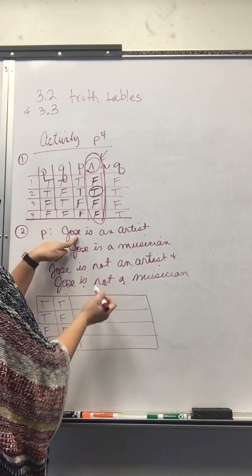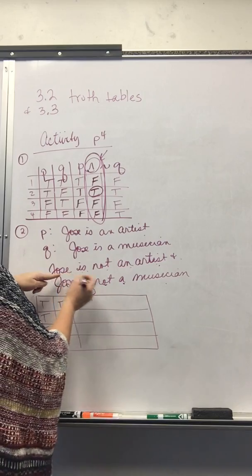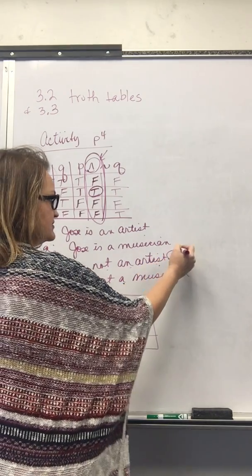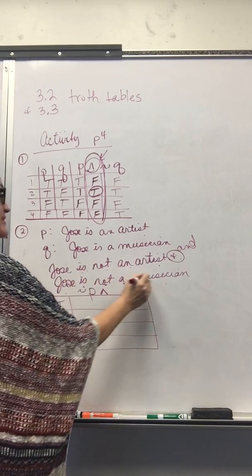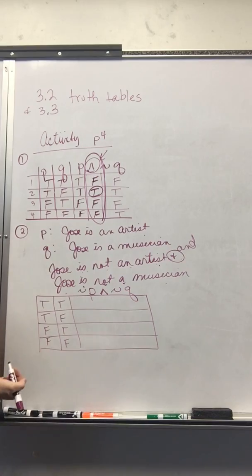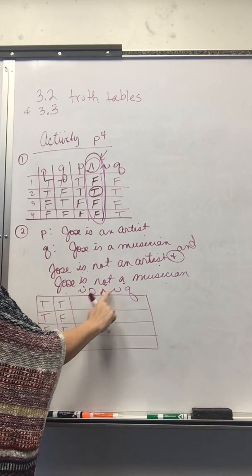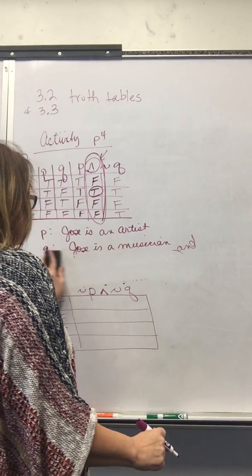It negates Jose as an artist, so that would be not P, and then it uses the word and, which we know looks like that, and then Jose is not a musician negates Q. So that's our work to do. Not P and not Q is our problem to work. I'm going to go ahead and erase that.